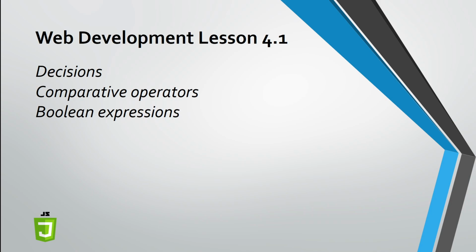The key to a decision is the condition, which answers a question. And we can use comparative operators such as equal to, less than, greater than to answer those questions. Ultimately, that condition is a Boolean expression that has to evaluate to true or false. So hopefully you're excited about being able to make your programs think on their own, and enjoy.